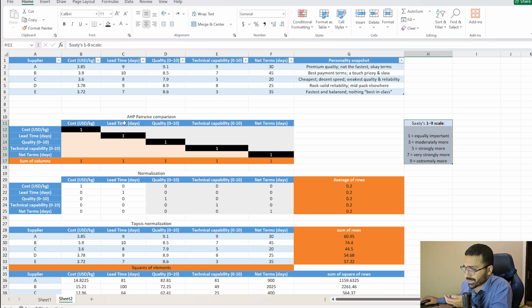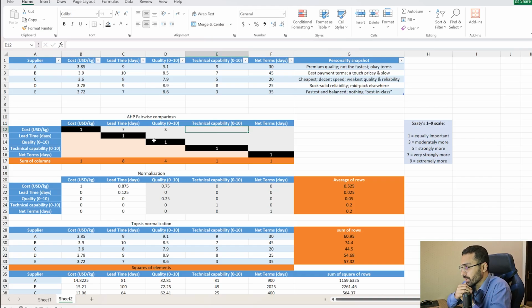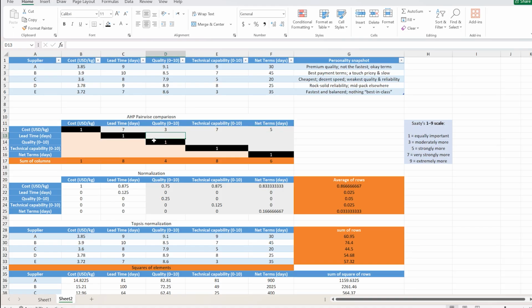For the cost against lead time, I'm going to say, for example, 7 is good for starting. Cost against quality, I'm going to say about 3. Cost against technical capability, this is 7, and cost against net terms, I'm going to use 5 to have good answers.